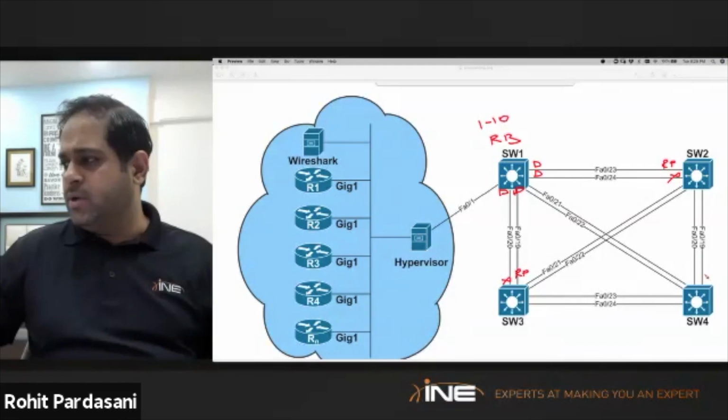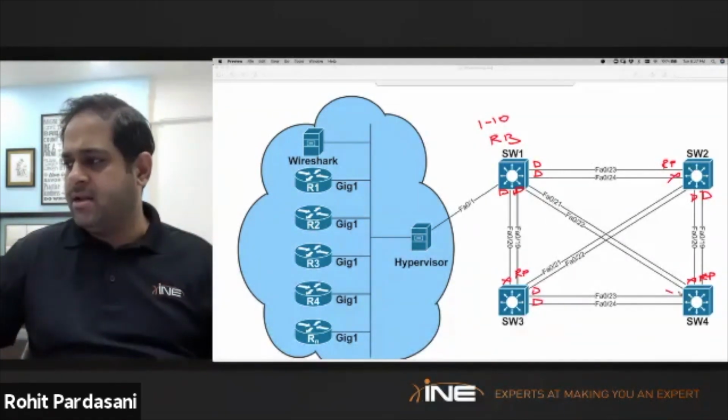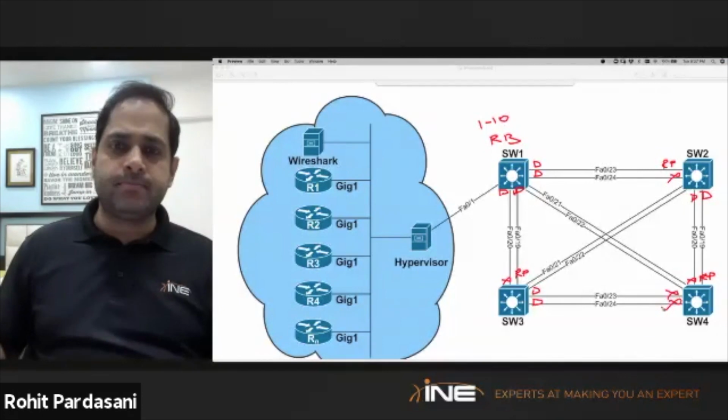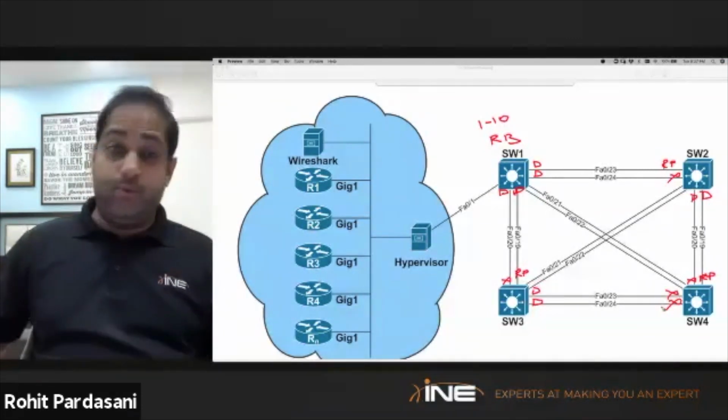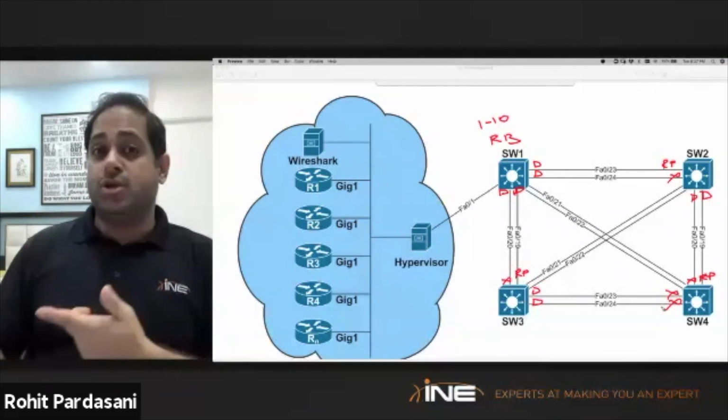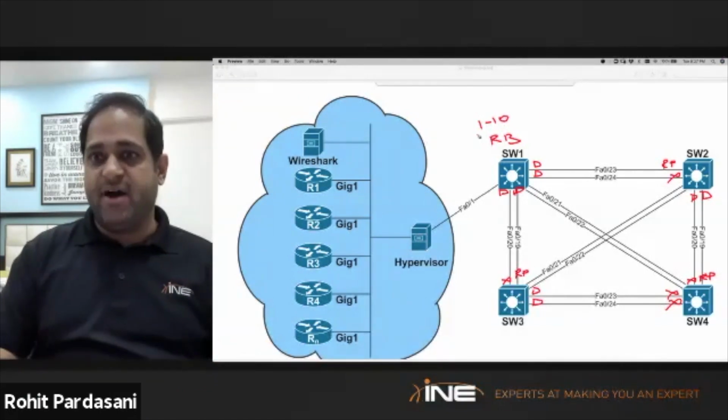And then this one would be root port, this would be blocked. Designated. Here, this would be designated, blocked, and blocked. So this should be my configuration if I actually go and verify my settings.